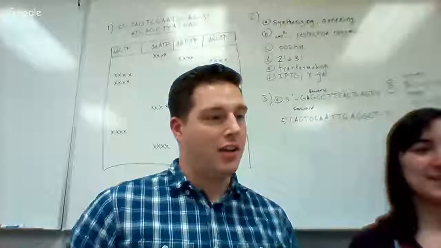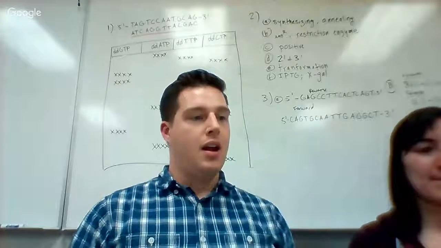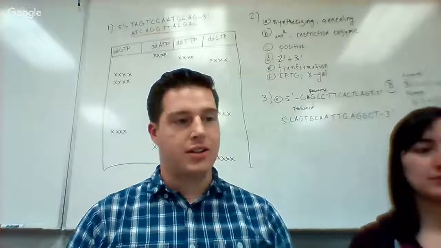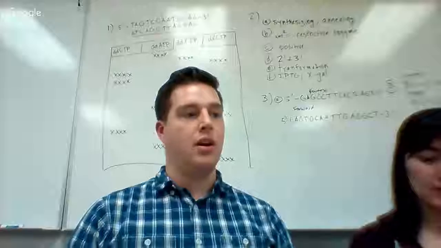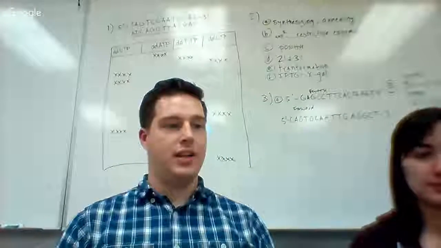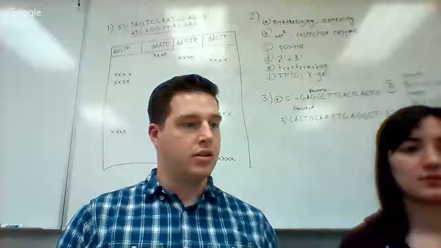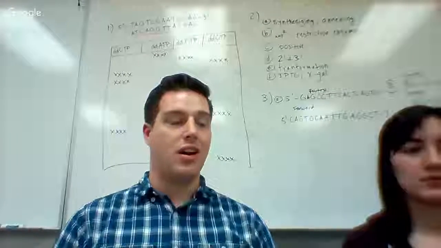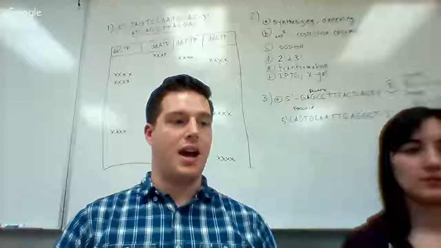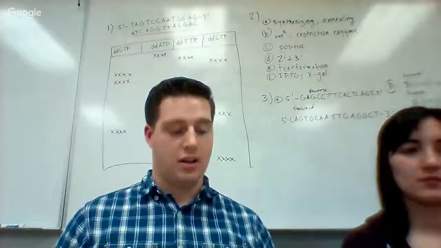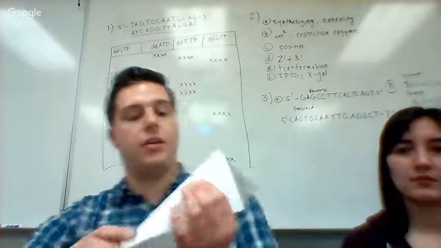Each PCR cycle contains a DNA synthesis step, and it asks what the sequences of the 2 newly synthesized strands are if ddCTP is accidentally included in the PCR experiment. I wrote it here under C, and these are the 2 strands.